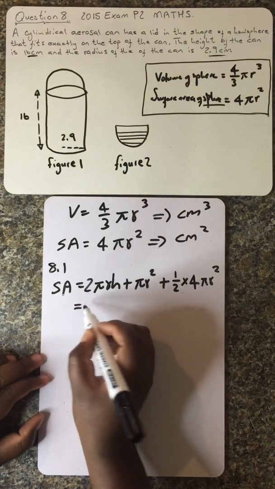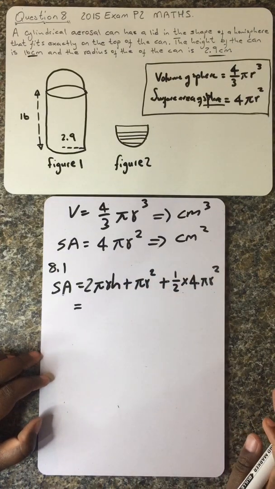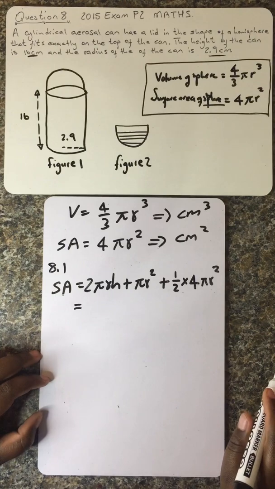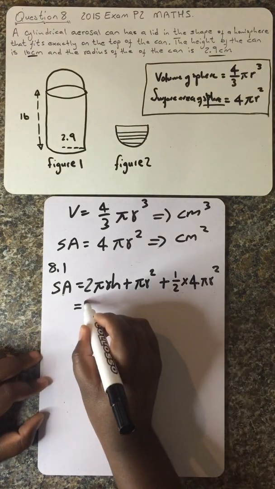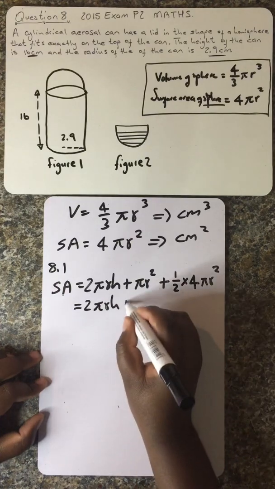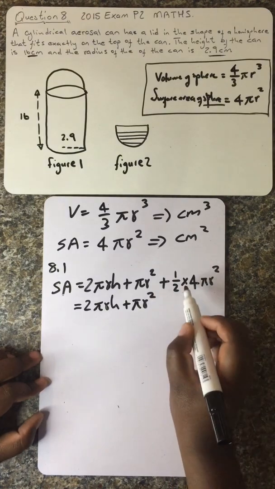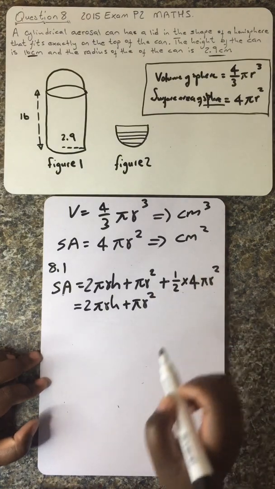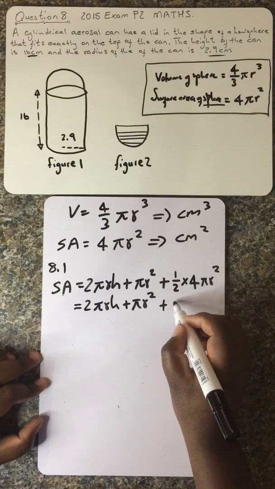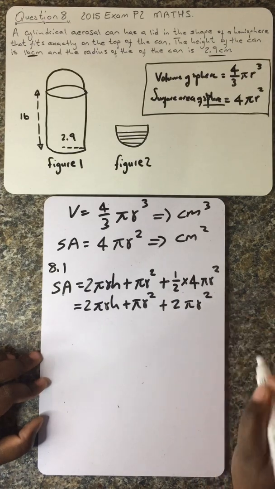So now I'm not sure if we can further simplify this before we even start with the substitution, but as you can see, we've got 2 pi r h plus pi r squared for the can, and for the lid, half of 4 pi r squared, which is 2 pi r squared.